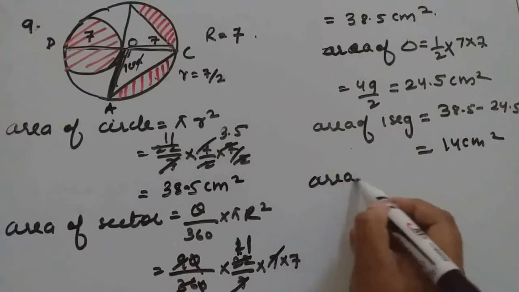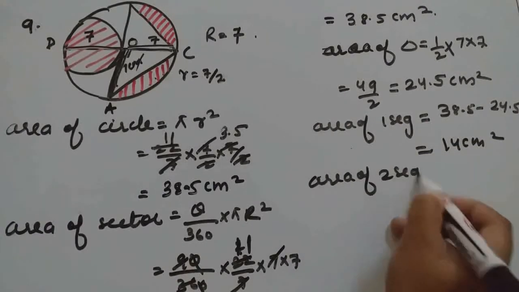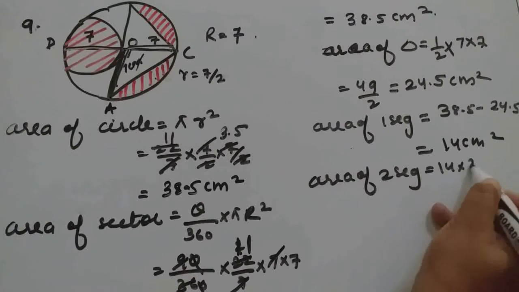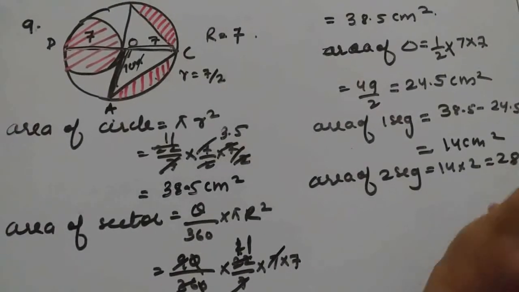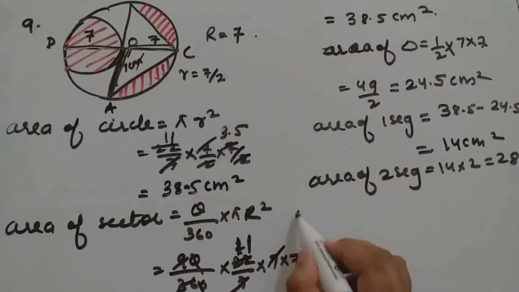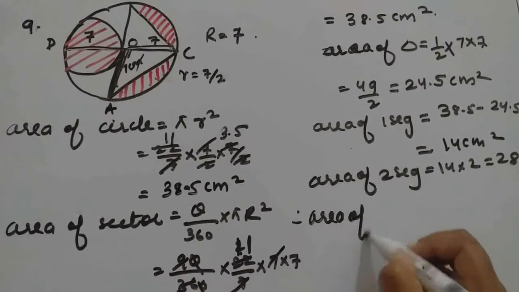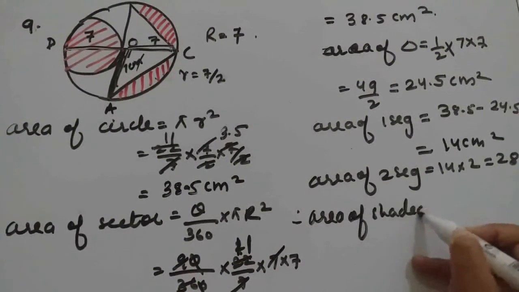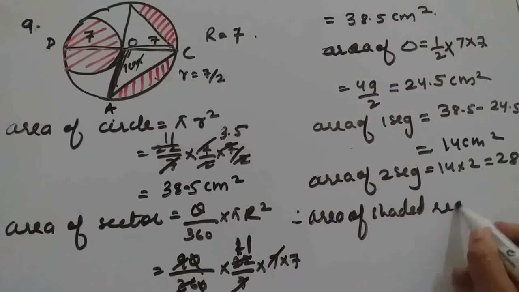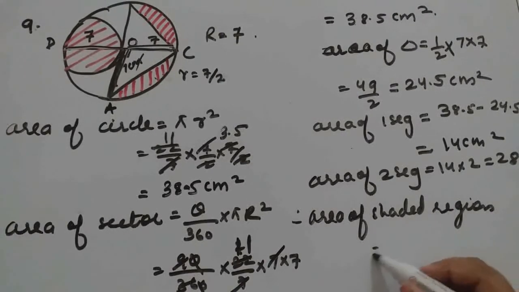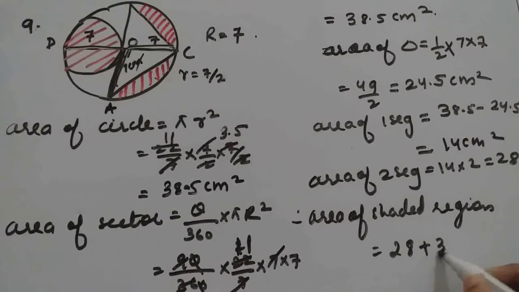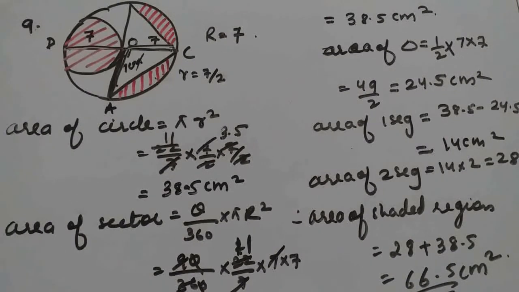So the area of two segments will be 14 into 2, that is 28. Therefore the area of the shaded region will be 28 plus 38.5. So 66.5 centimeter square.